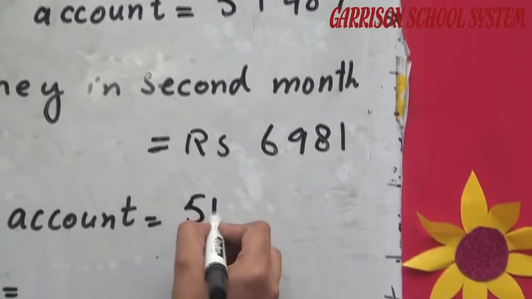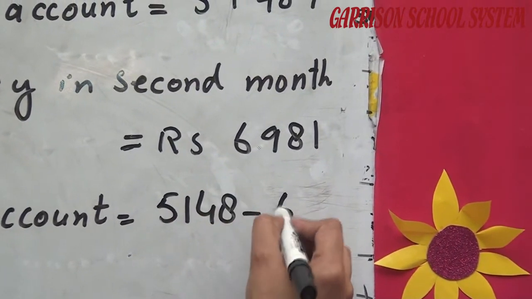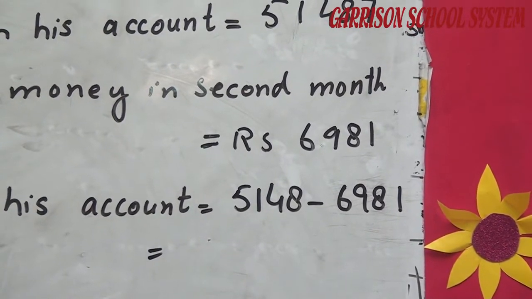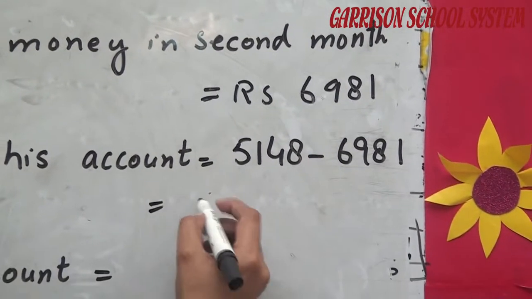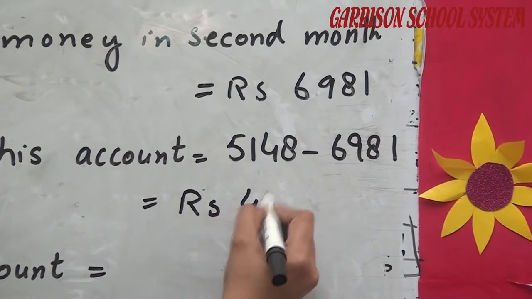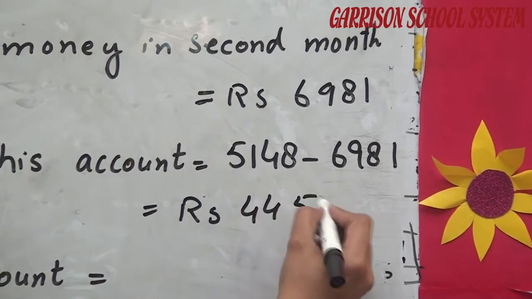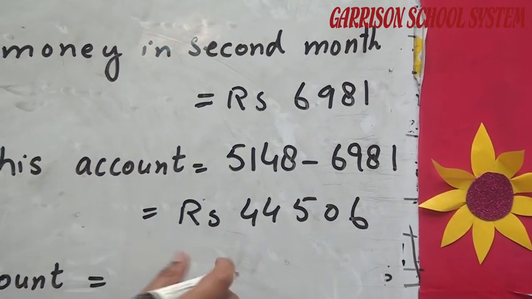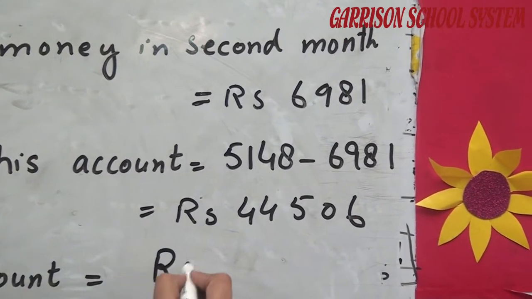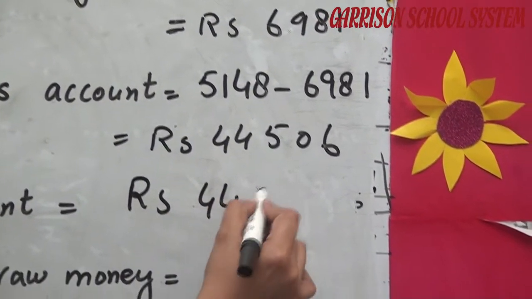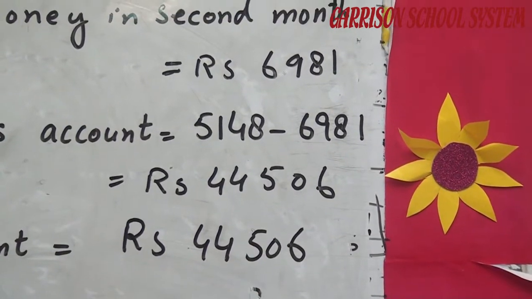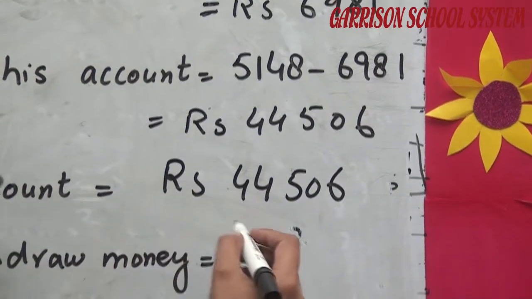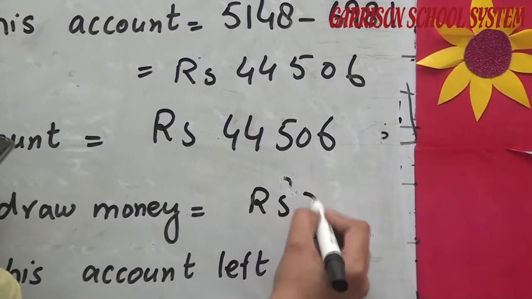So now for the money left in his account, because he withdrew money, we will subtract. After subtraction, we find rupees 44,506 in his account. And after that, he again withdrew money, just rupees 250.